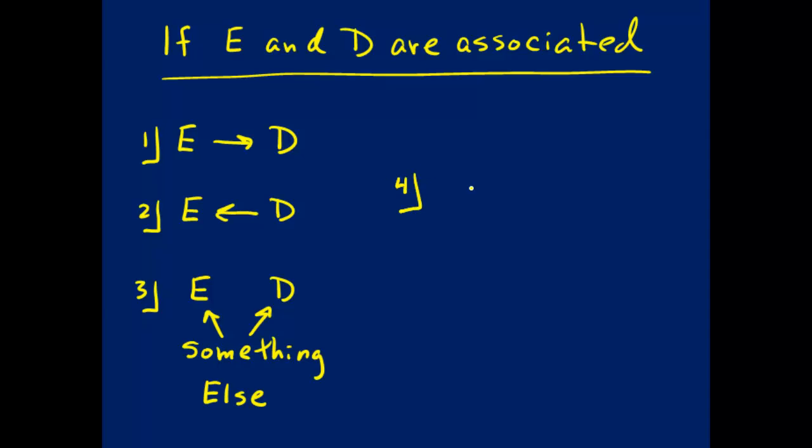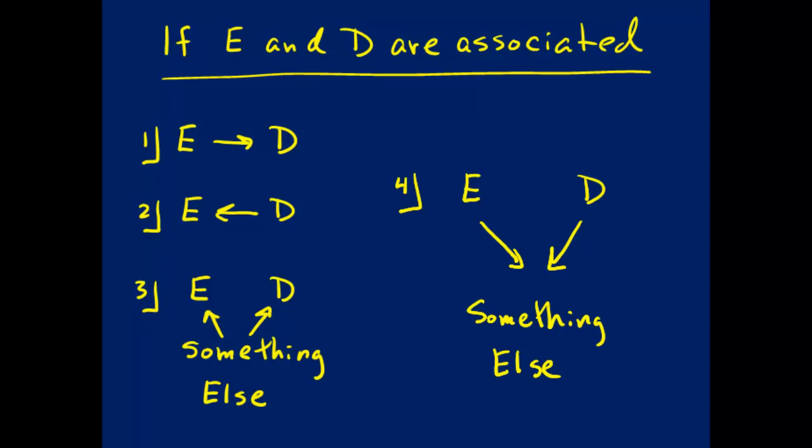Essentially, if you have an exposure and you have a disease variable, and these two variables are parents of something else. And notice that this is just the opposite of what we saw over here. Here the arrows are pointing from something else into both exposure and disease. Here the arrows are going in the other direction.